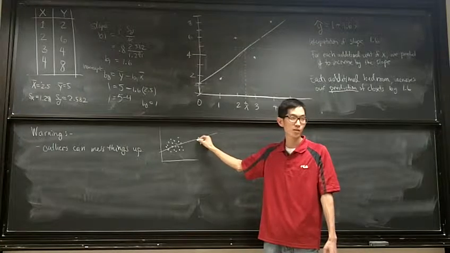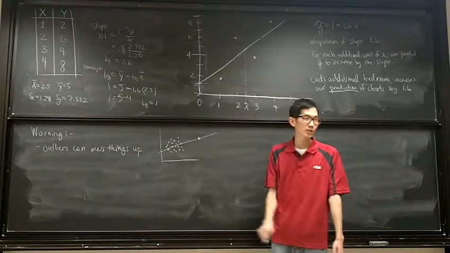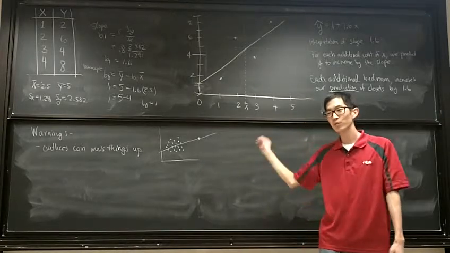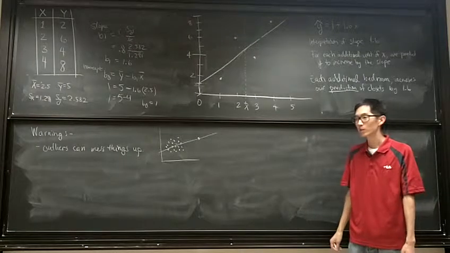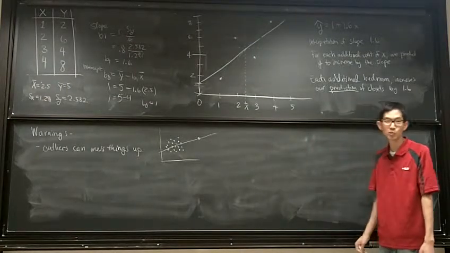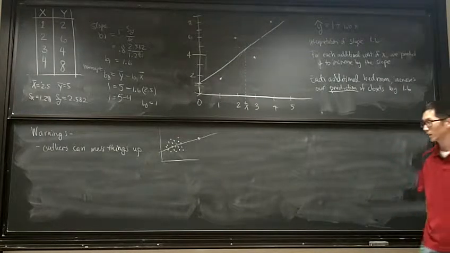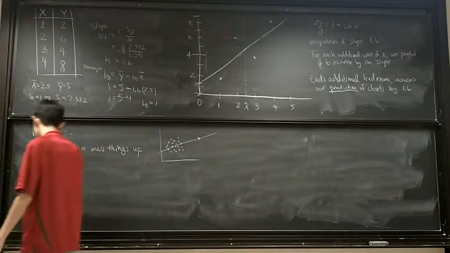It would try to minimize the square distance from there, and you would get this positive slope, okay? And you would incorrectly conclude that maybe there is a relationship between shoe size and IQ score, okay? So outliers can mess things up.